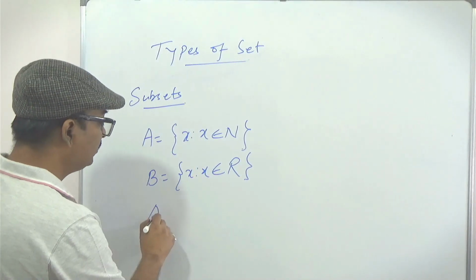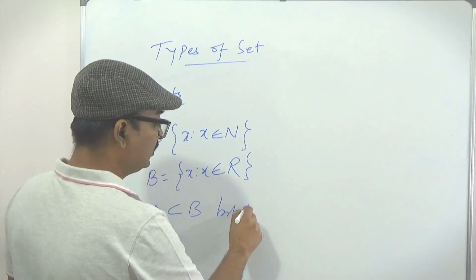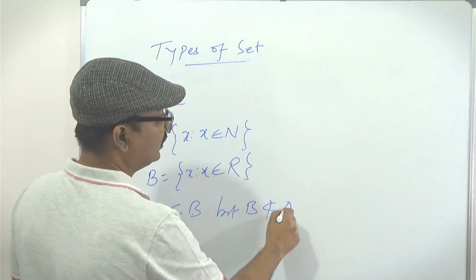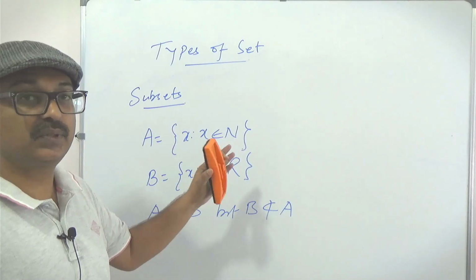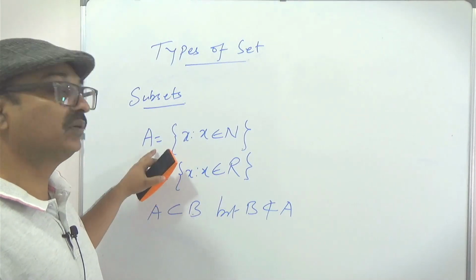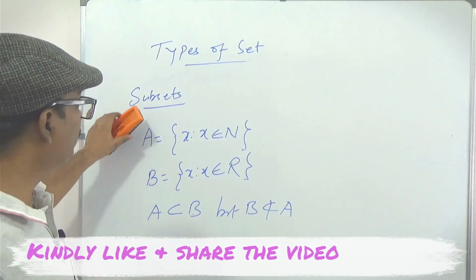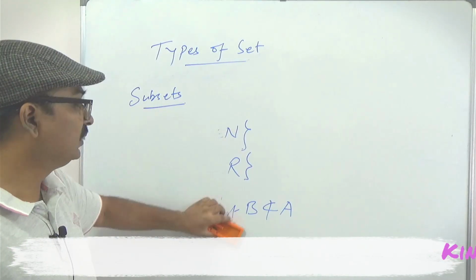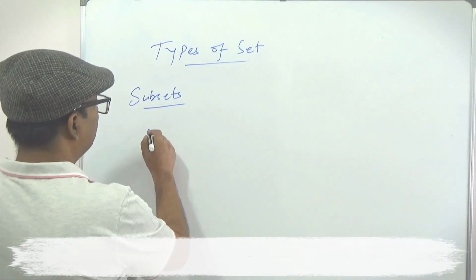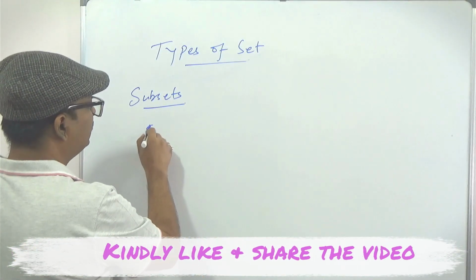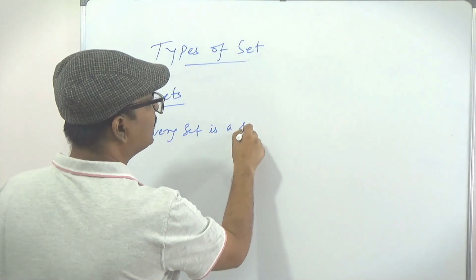Obviously, A will be a subset of B, but again here B is not a subset of A because there are so many other numbers, the negative numbers, the irrational numbers, all those numbers that are present in B but not in A. So A is a subset of B. From here only we can understand that there are two important observations here. Every set is a subset of itself.